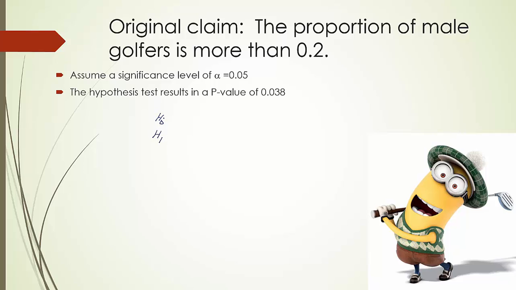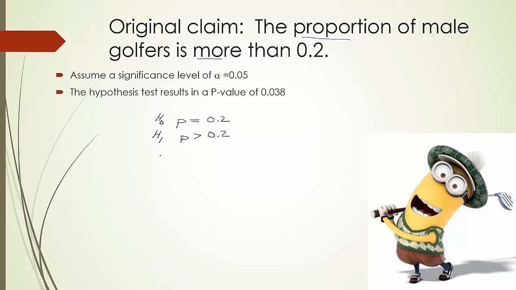In the null hypothesis, we always use our equal statement, and since this is a proportion, which is actually stated up here in the prompt, we're going to use p, the population parameter, and we would say the proportion is equal to 0.2. And in the alternative, we're going to capture this claim here, this more than. So we'll say the proportion is greater than 0.2.